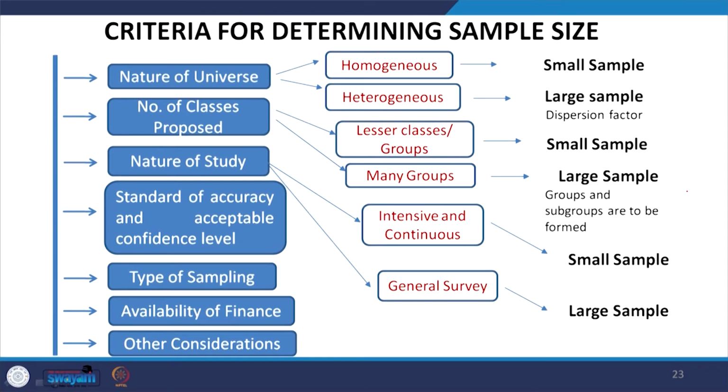Particularly, we are interested in knowing whether the universe is available in a homogeneous format or in a heterogeneous format. Suppose the universe is homogeneously distributed, then, as I mentioned from the beginning of our sampling design, we require less sample, because a smaller sample can represent your entire universe when it is homogeneous.